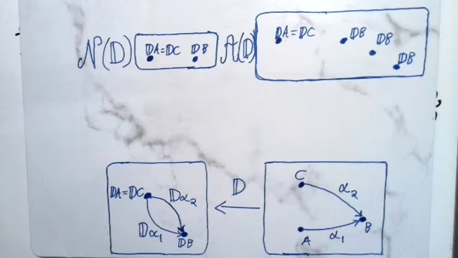So if we draw the situation out, obviously we can't draw every possible case of every possible diagram, right? So the theorem is applicable to any possible diagram, but we're just going to look at one particular case when we draw it out, and then we'll use the intuition from this one case to prove the general case. So here we have our diagram D, right?